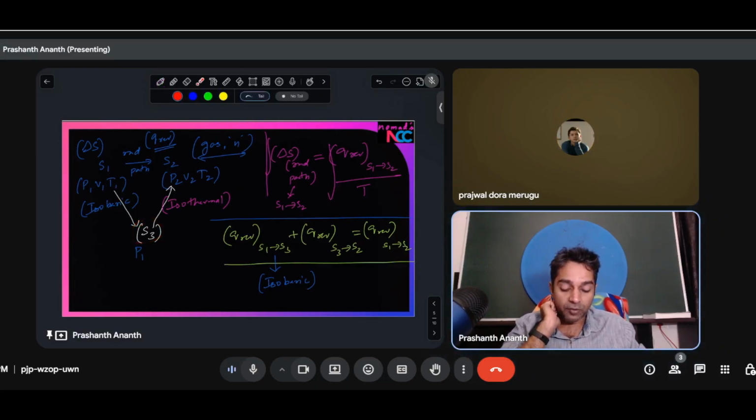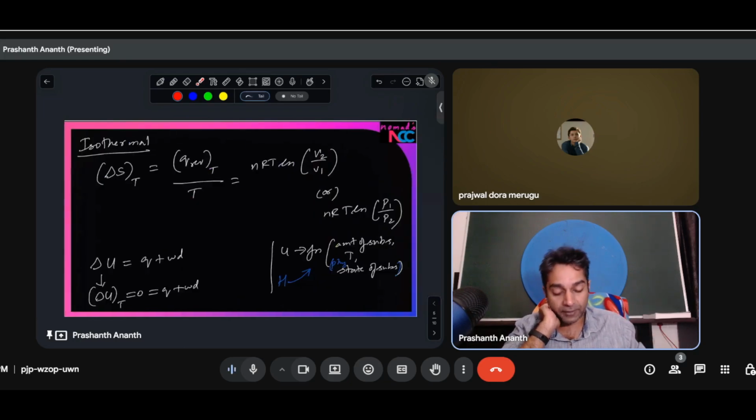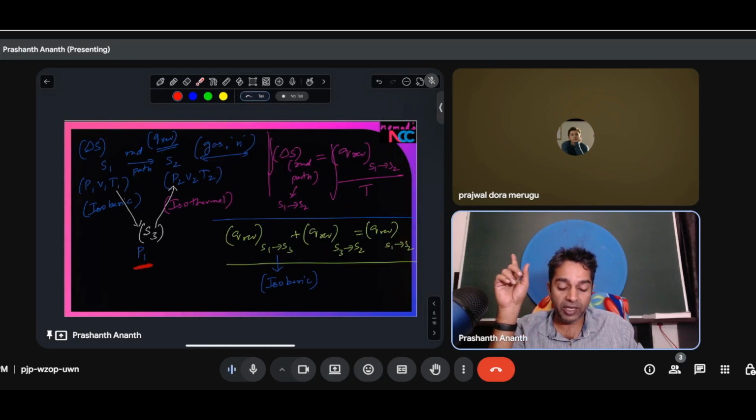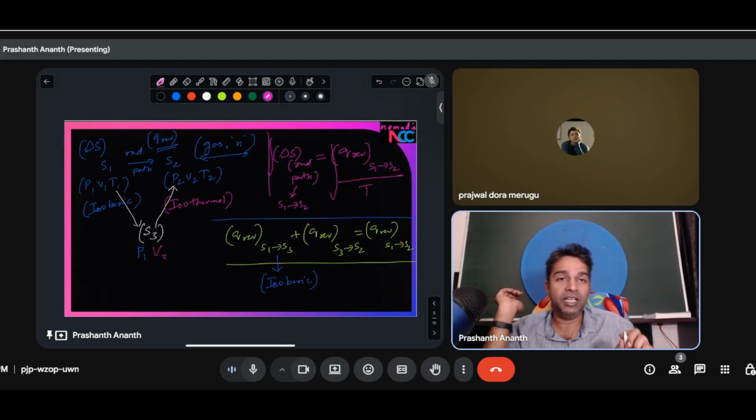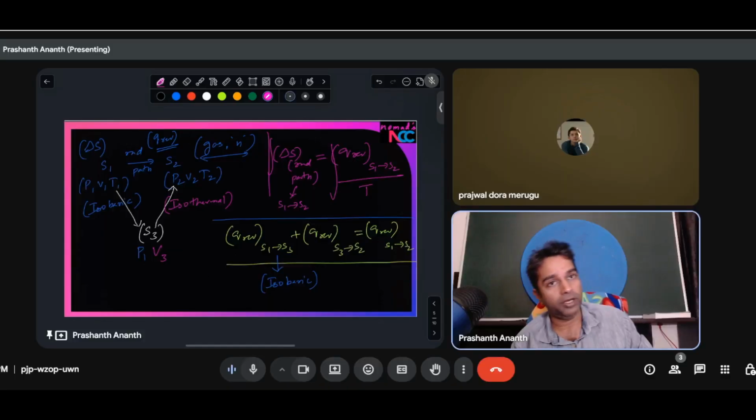For S3, I need to fix two states. I can't just fix one state, because one state is going to be completely hanging, which we cannot describe. In this case, volume will be some V3, complete unknown, I do not care what it is. I am allowing the volume to float as much as it can. But I will make sure temperature is going to be T2 now.